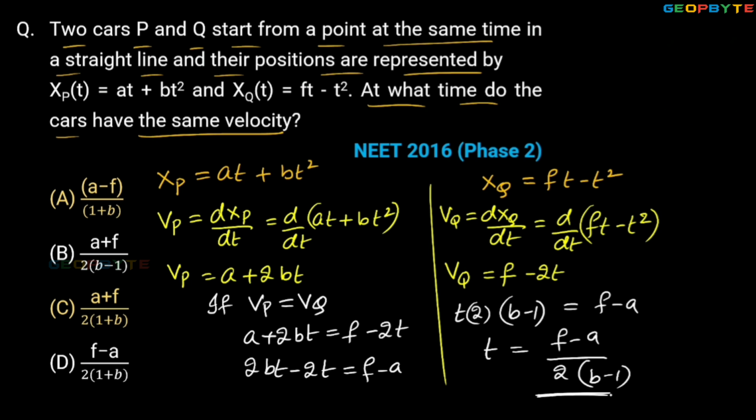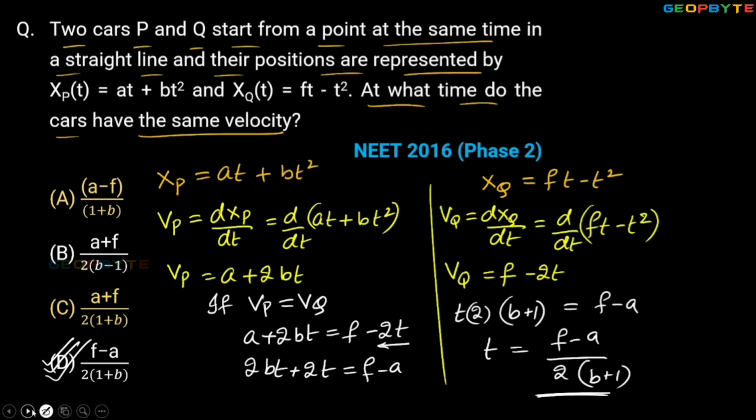At that time car P and car Q are maintaining the same velocities, right? Here we should be very careful. Here it is becoming plus, no? Yes, plus. Because you are bringing this 2 to the other side, it is becoming plus. So f minus a by 2 into 1 plus b. Look at option D. Option D is absolutely correct. You should be very careful.